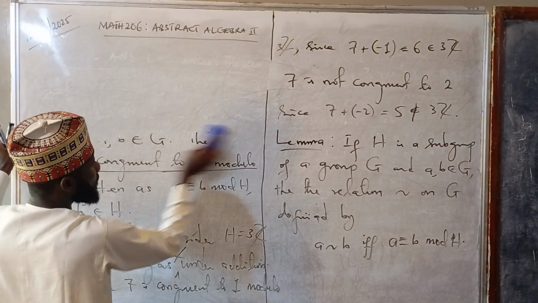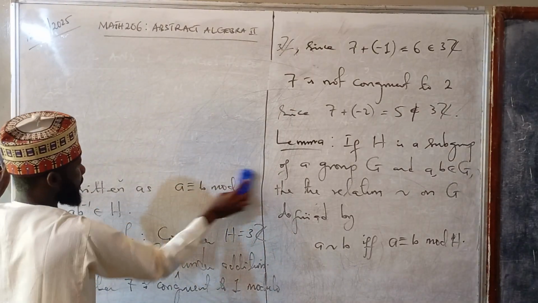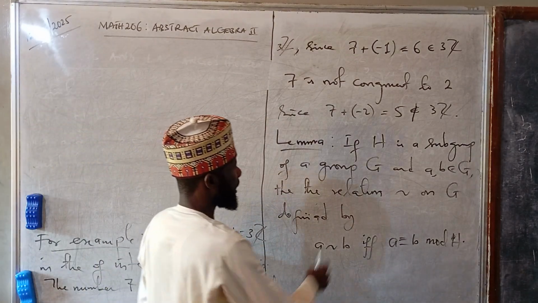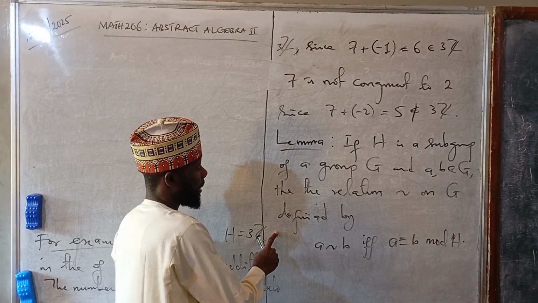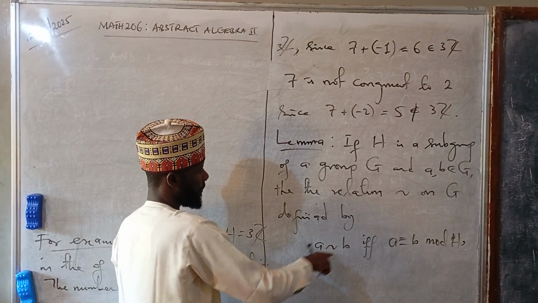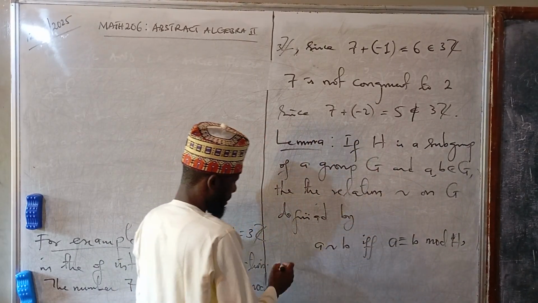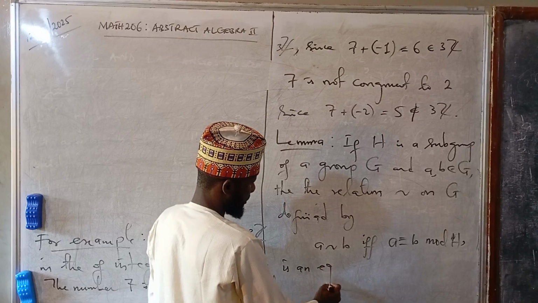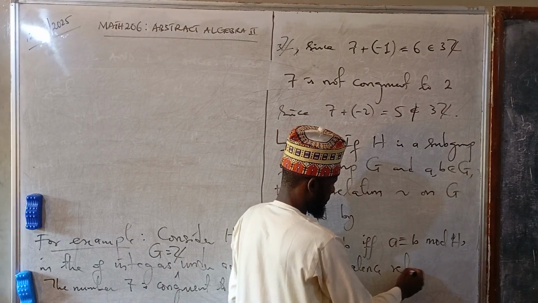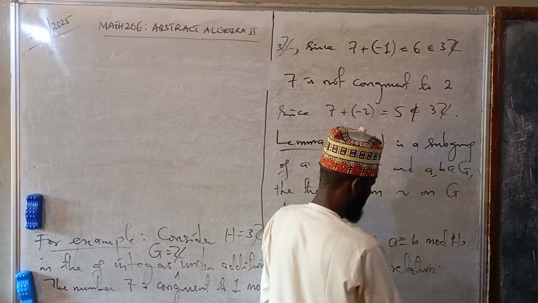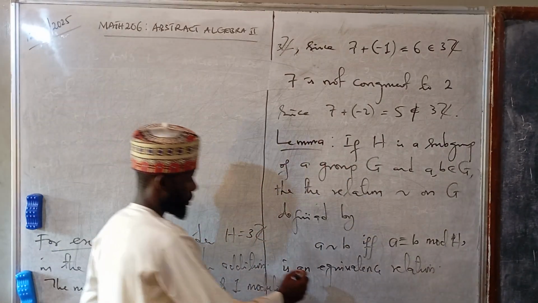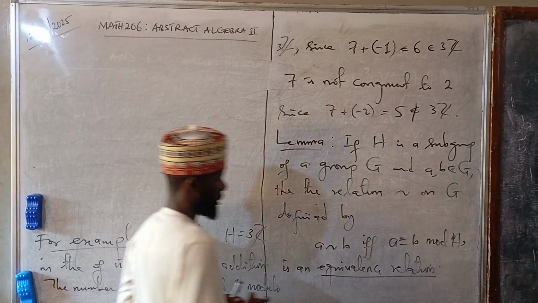We need to show that the relation defined by this rule is an equivalence relation. That is what we need to show.